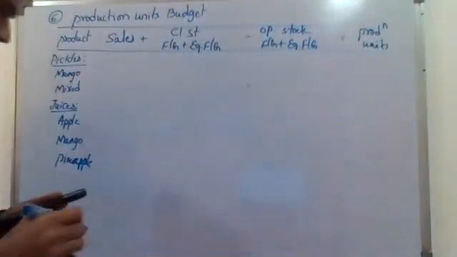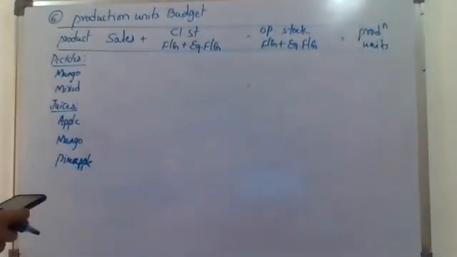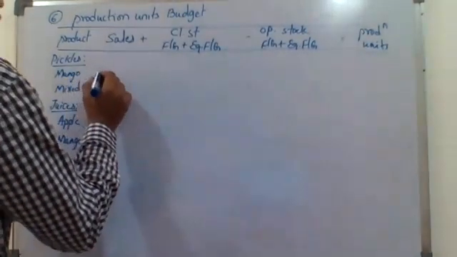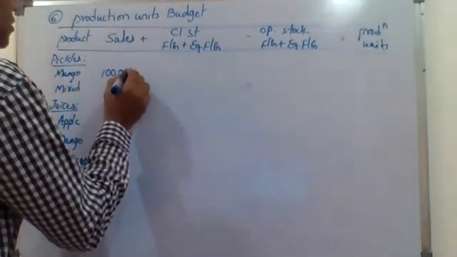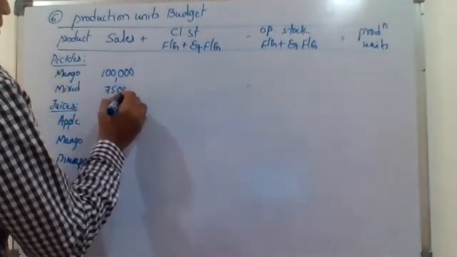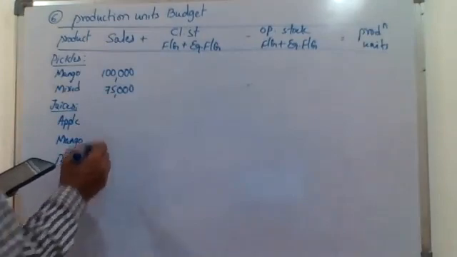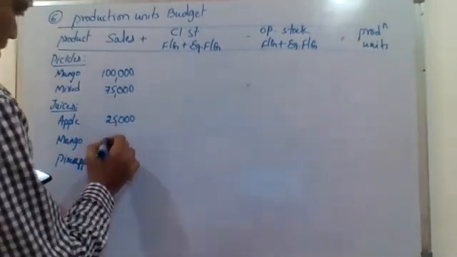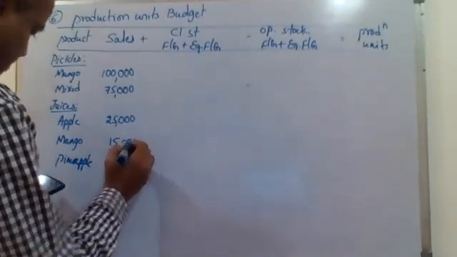Let's see. So come back to the question. So if you look at the opening stock sales information, mango, the sales is 1 lakh units. Mixed is 75,000 units. Apple juice is 25,000 units. Bottles it is. Mango is 15,000 units.